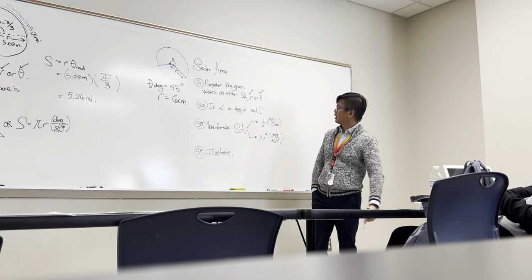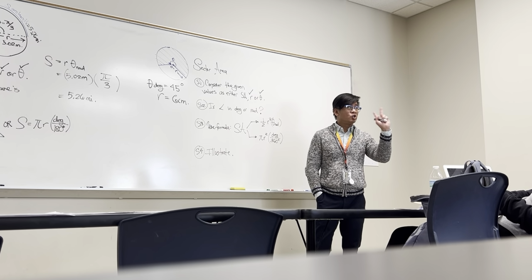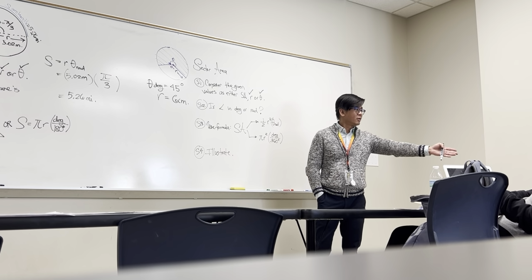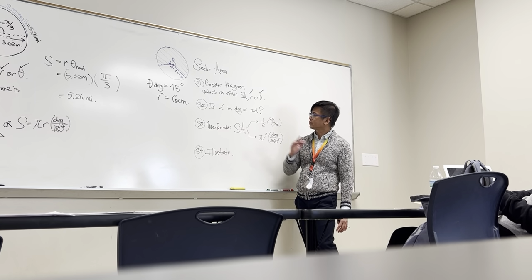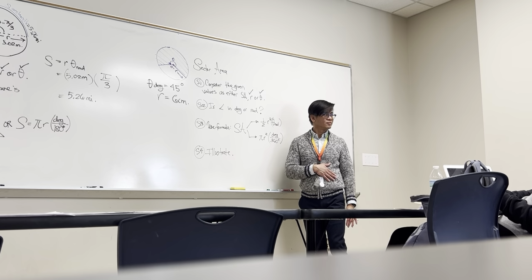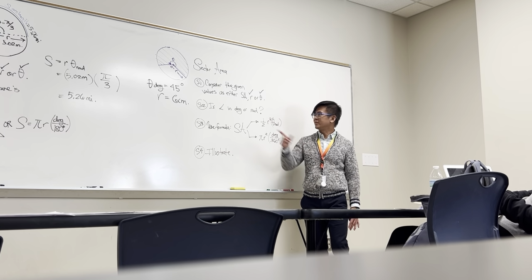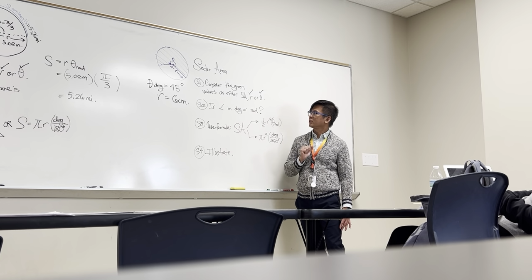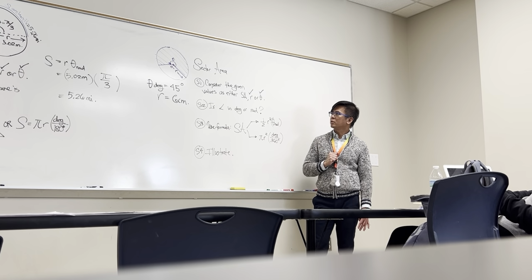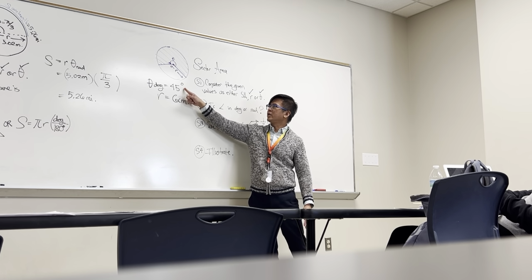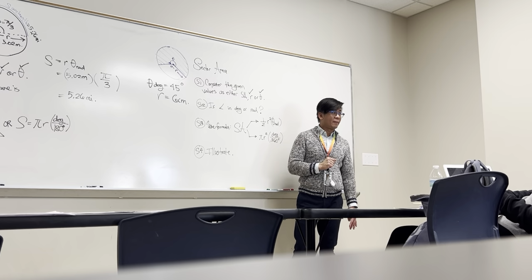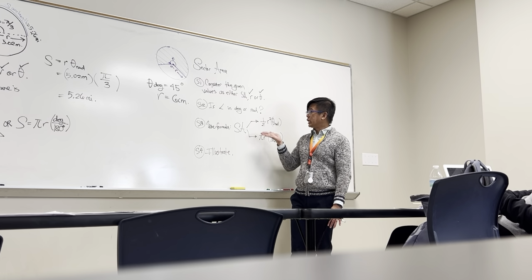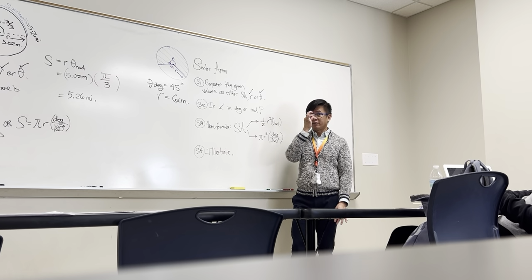Cool, right? Let's read step number 2. Is the angle in degrees or radians? It is in degrees. With that being said, just the same as the arc length, there are 2 versions of the sector area formula.